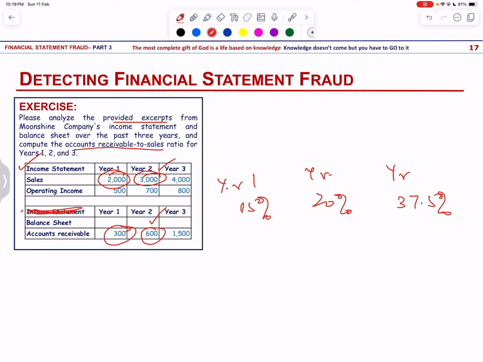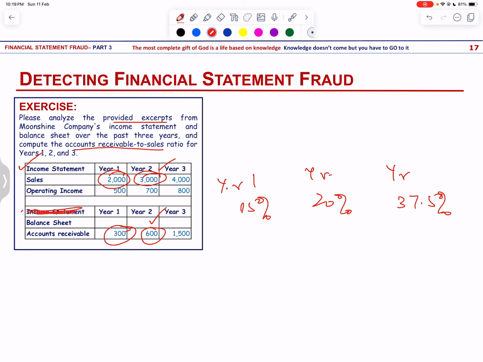Then, channel stuffing. Companies might engage in channel stuffing, a practice where excess inventory is shipped to distributors or customers at the end of a reporting period to meet the sales target. This can lead to inflated accounts receivable balances if customers have not yet paid for the goods or if the goods are returned later.